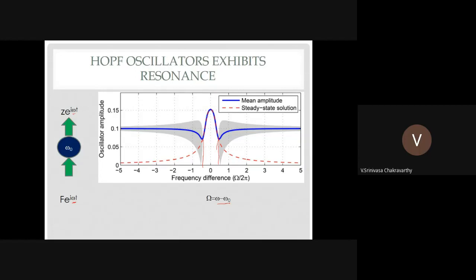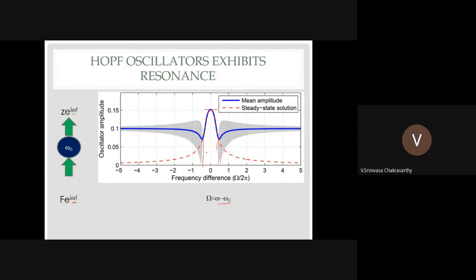And that magnitude will have a nice bell curve, or some kind of Gaussian-like shape, which indicates that when the two frequencies are the same, input frequency is the same as the oscillator frequency, the oscillator responds with a high amplitude response. But as the input deviates from the native frequency of the oscillator, the response goes down. So basically, the oscillator resonates with the input frequency.